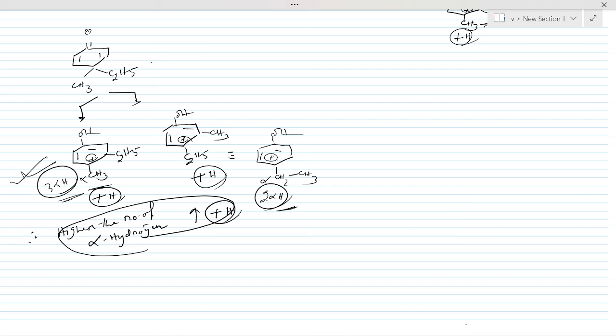So what is the product? In presence of acid, it will form CH3 over here, C2H5 over here, and OH. This is the product you can expect. So one more reaction based on the same mechanism, the dienol-benzene rearrangement.